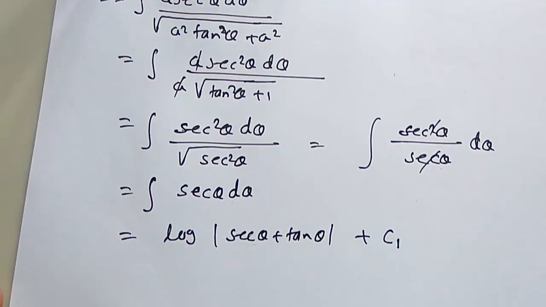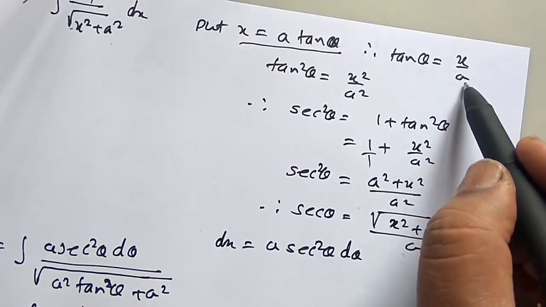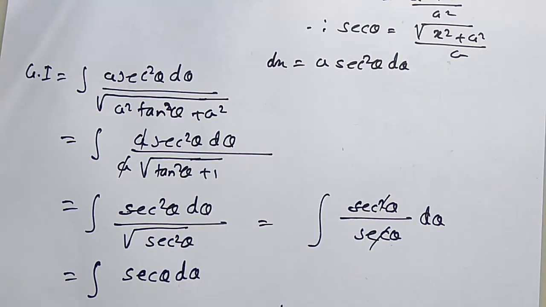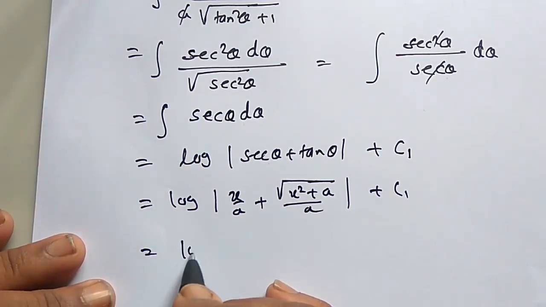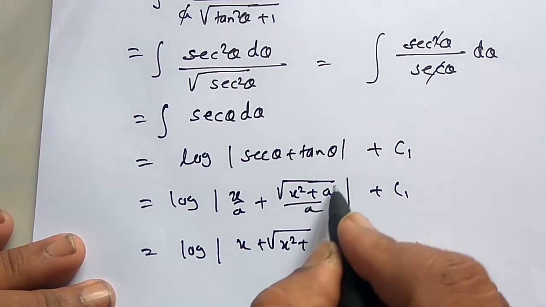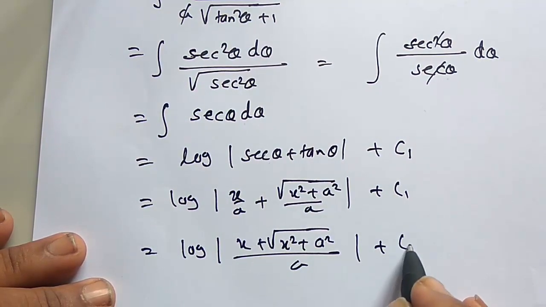This constant I take C1. Log of, tan theta is equal to x upon a. So, replace tan theta by x upon a, plus sec theta is equal to under root quantity x square plus a square upon a, plus C1, is equal to log of x plus under root of x square plus a square upon a, plus C1.